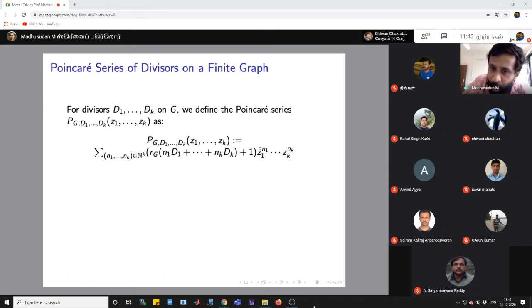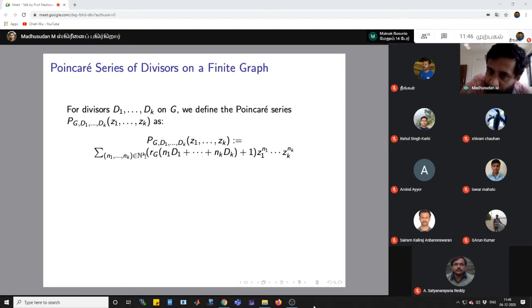You are summing up over z1 to the n1 through zk to the nk, where the vector n1 to nk has non-negative coordinates, so it's in N to the k, where N is the set of non-negative integers for us in this talk.